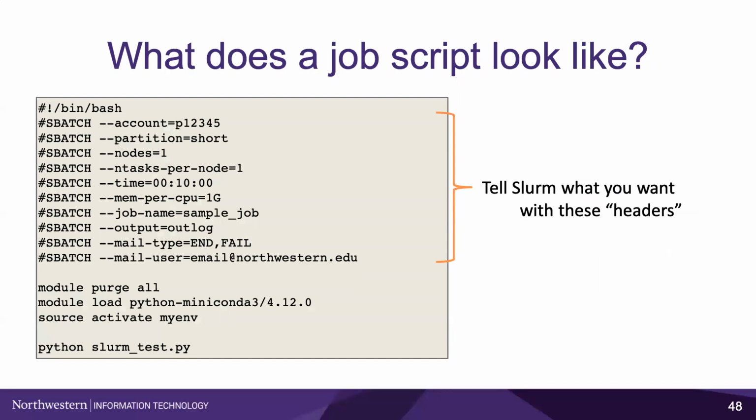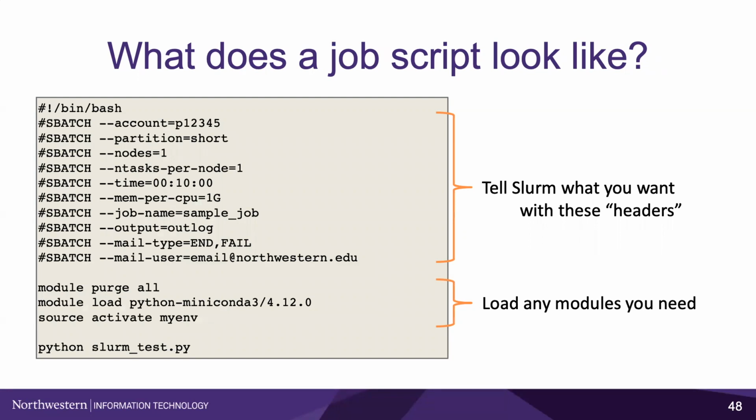This top section where you see a bunch of hashtags is where you tell Slurm what you want in terms of the amount and type of computational resources. These commands are called headers or Slurm directives. And I think this is where it gets the most confusing, so I'll be going over each element in the following slides.